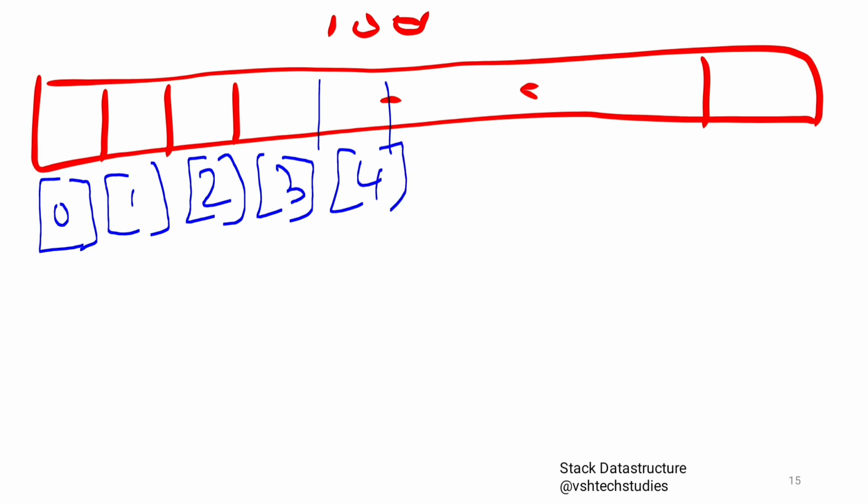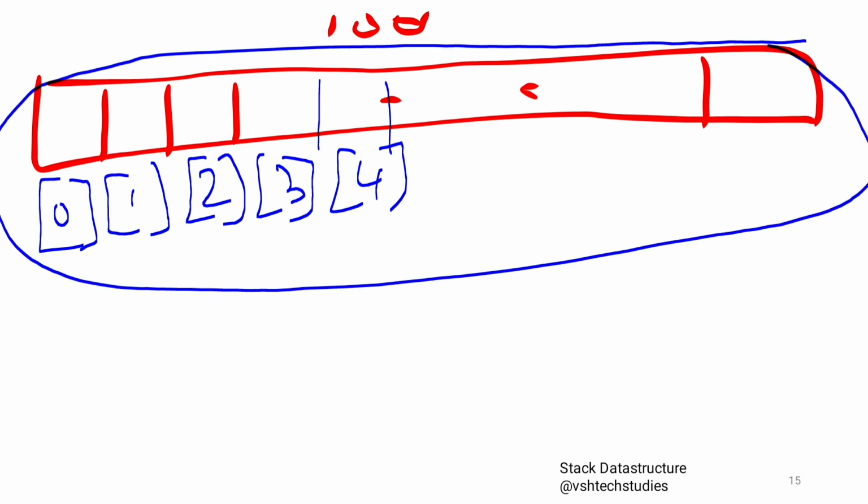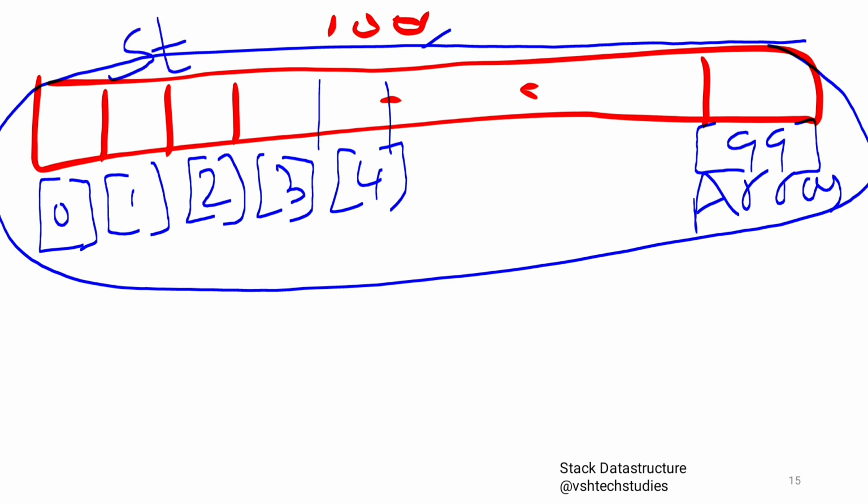So these are the indices of memory locations in that block of consecutive memory locations, which is an array. What is the last memory location index? 99. Size of that array is 100. This array we are going to call a stack. What is this location? Stack of 0. This one stack of 1. This one stack of 99.